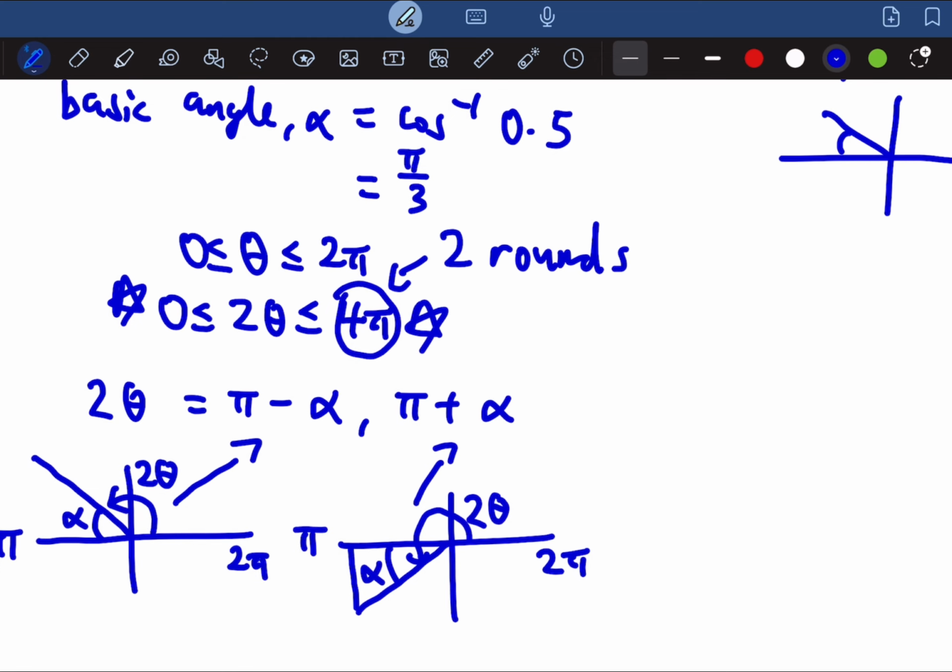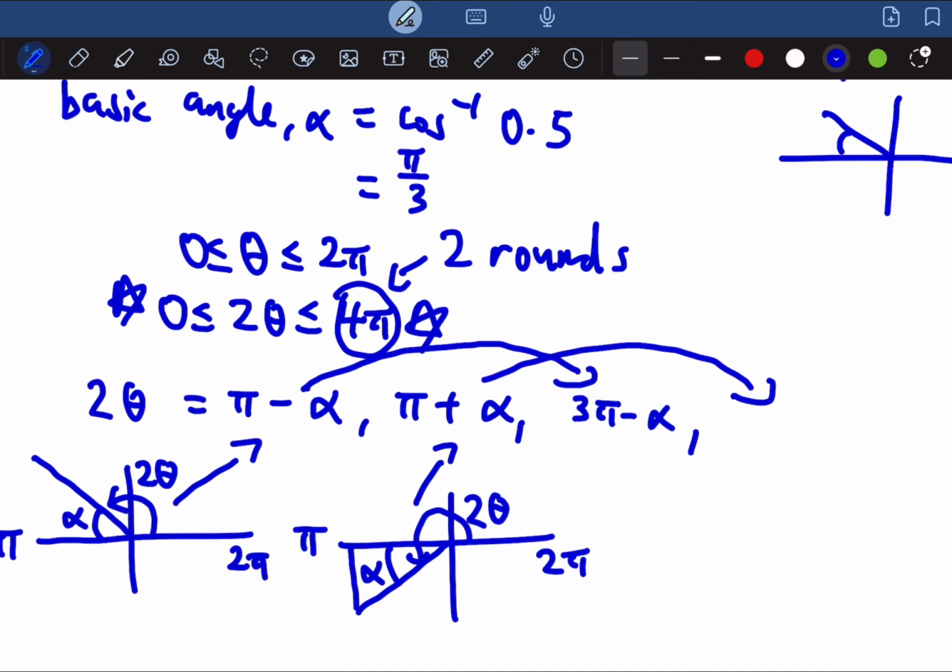One more round is how many radians? 2 pi radians. So based on this second quadrant, I go one more round. One more is 2 pi, so it will be 2 pi plus pi minus alpha. So it's 3 pi minus alpha. Then our third quadrant, pi plus alpha plus another 2 pi. So it's 3 pi plus alpha.